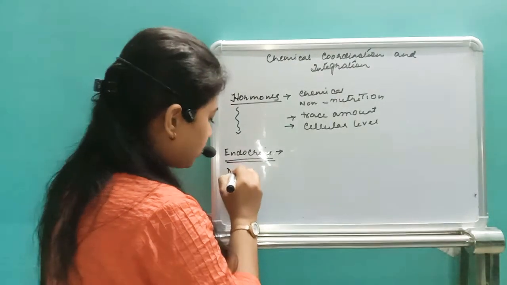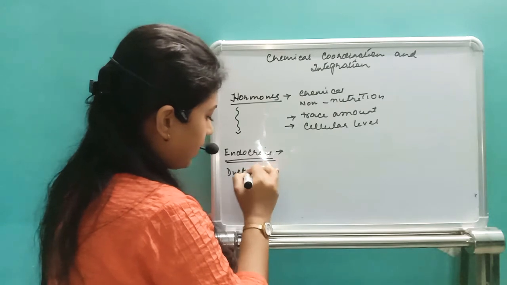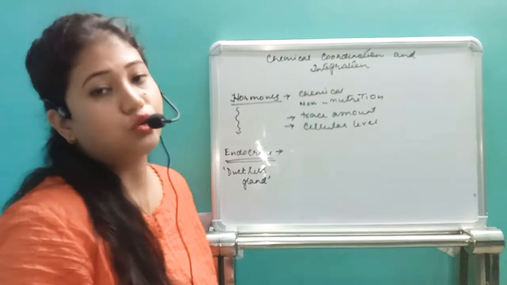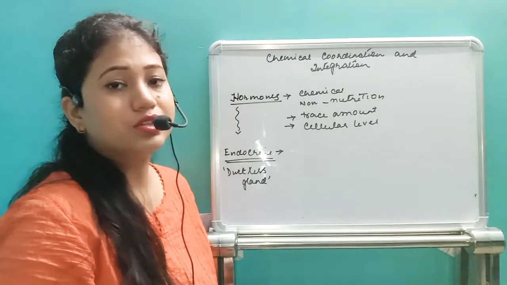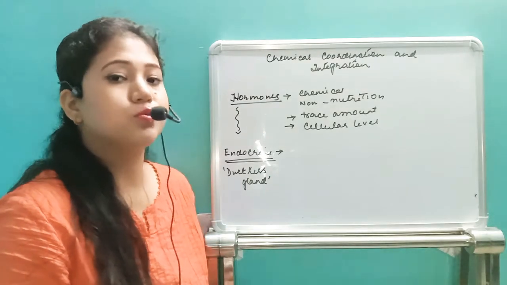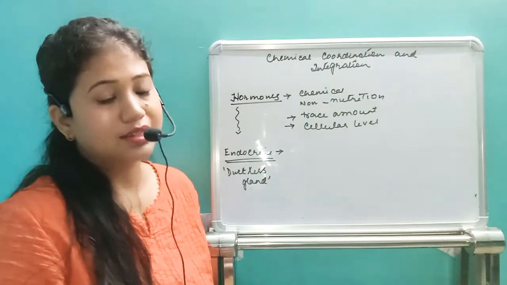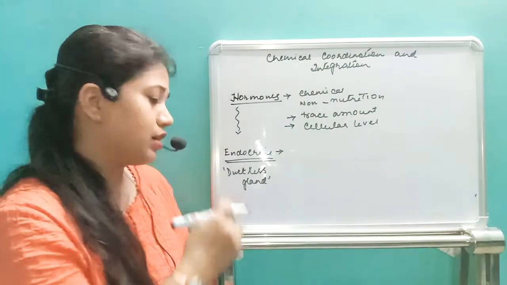They are also called ductless glands. Remember what the ductless glands are: these are the endocrine glands. Already in the digestive system, we have seen the differences between the exocrine and endocrine glands. The endocrine glands are called ductless glands.